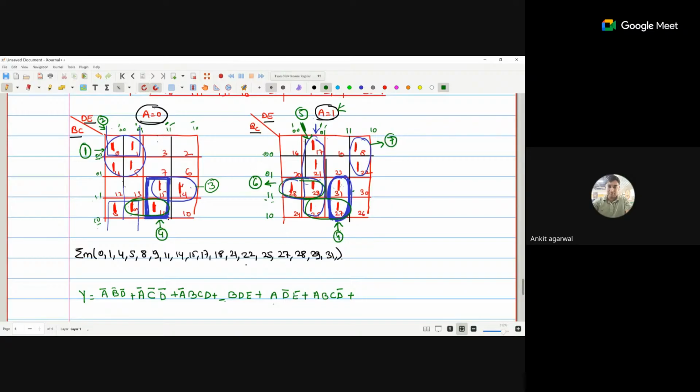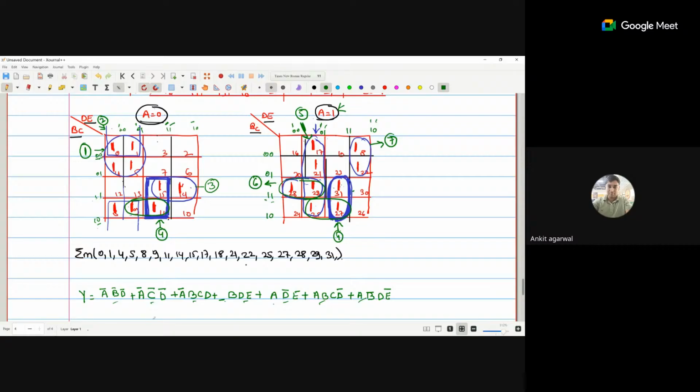Okay. For this one, B is constant, B bar. D and E are constant, D, E bar, as well as A is also constant, A. Okay. So 1, 2, 3, 4, 5, 6, 7. 7 terms are present.